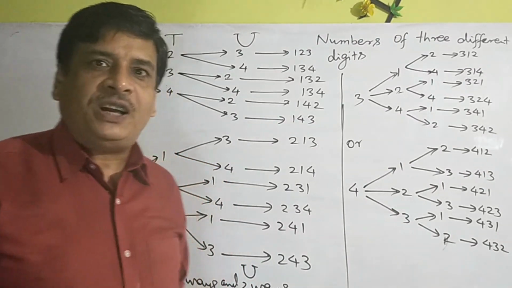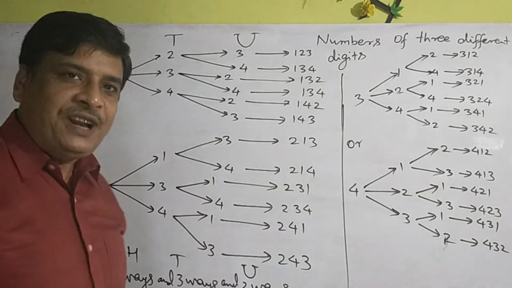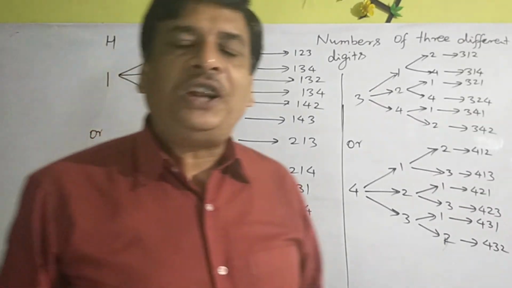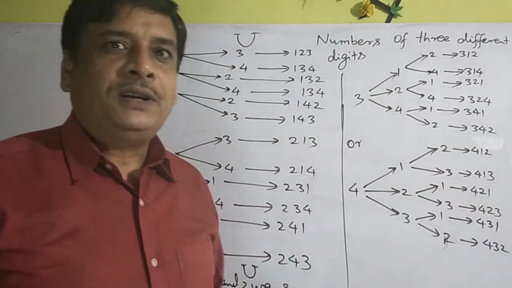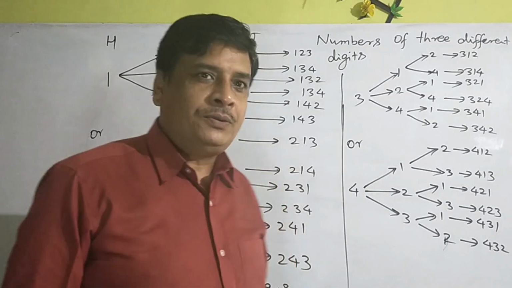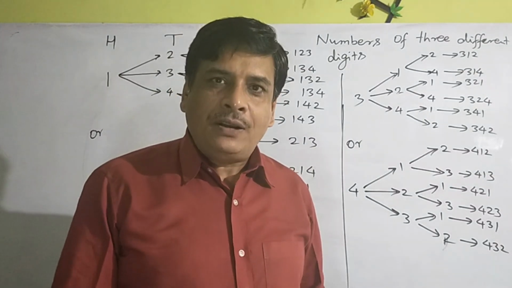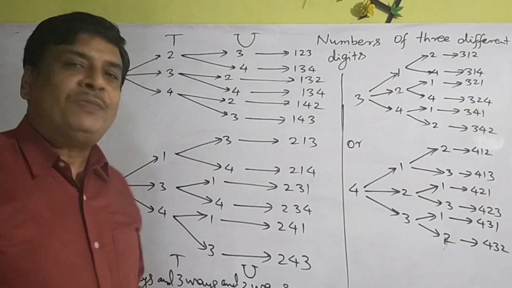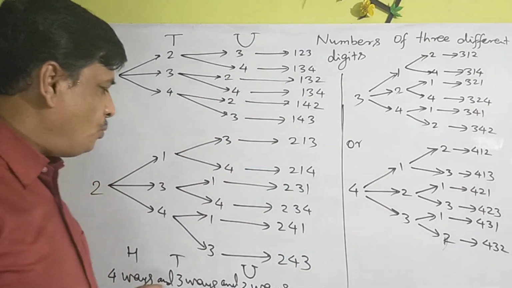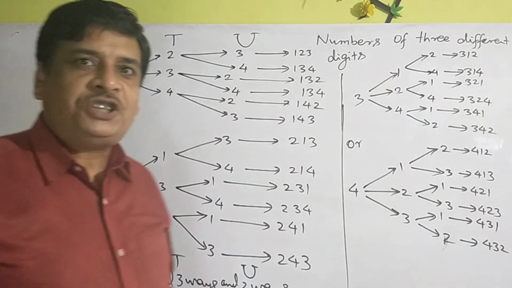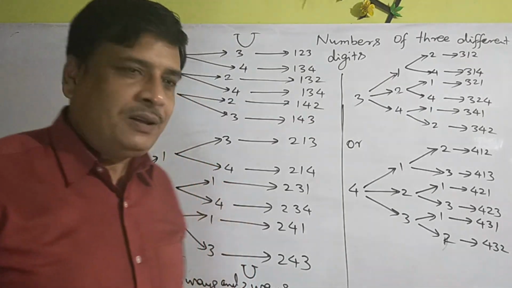All these places are filled up. That's why we are using AND to form the numbers of 3 different digits. And in my last lecture I had explained, if one process is followed by the other, we use AND. And AND refers to multiplication. While counting the numbers, this is the multiplication principle of counting.